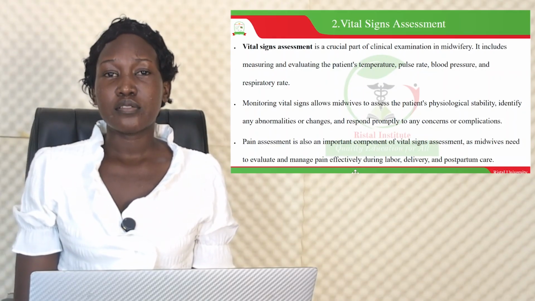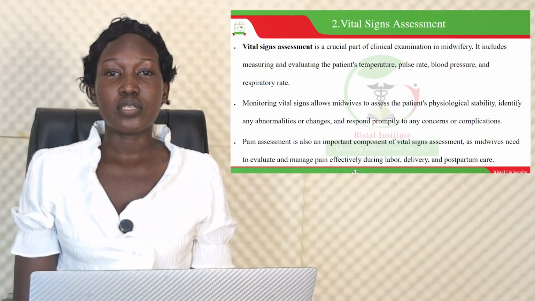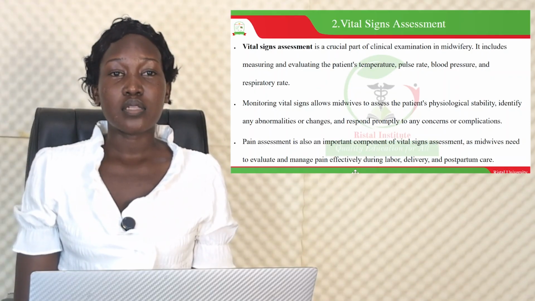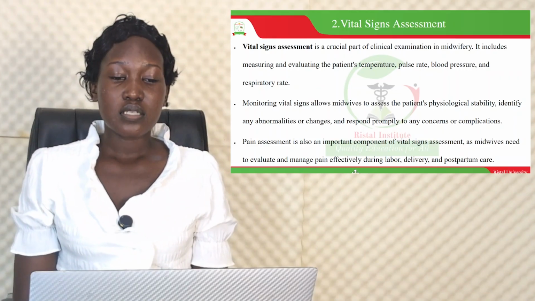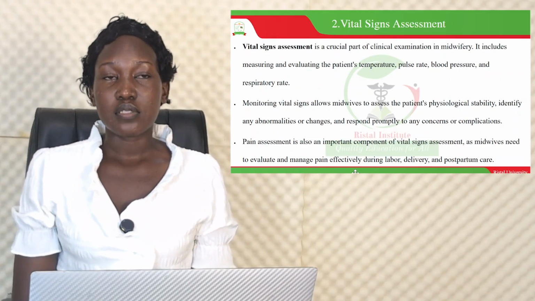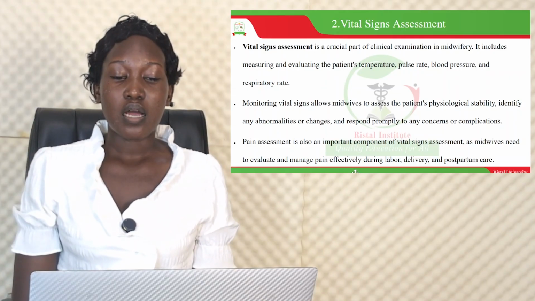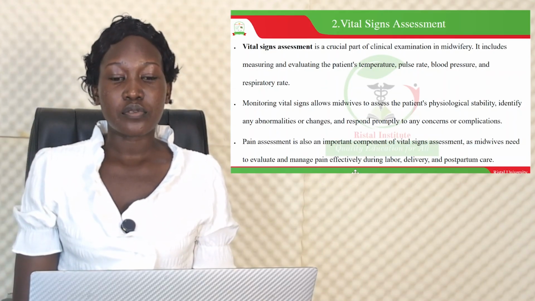Just like in other medical fields, you cannot talk of patient assessment without talking about vital signs. Vital signs are a crucial part of clinical examination in midwifery. They include measuring and evaluating the patient's temperature, pulse rate, blood pressure, and respiratory rate.